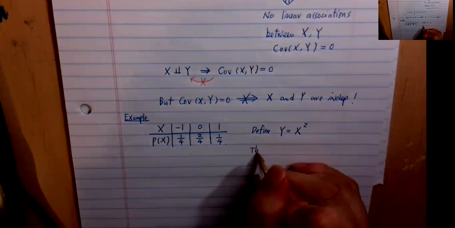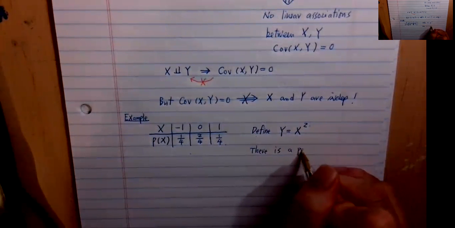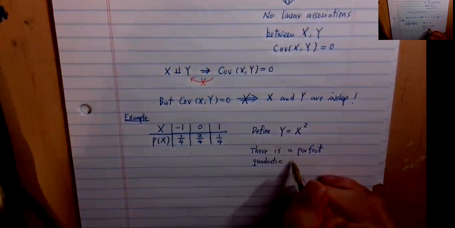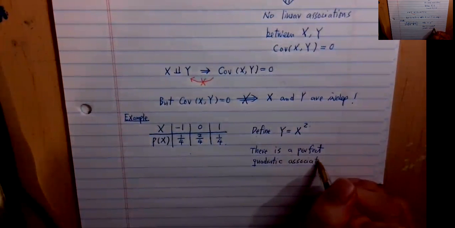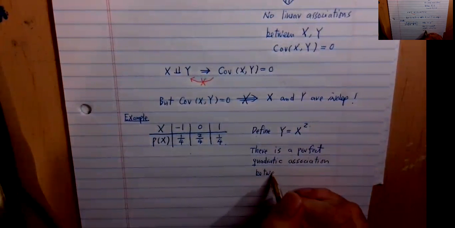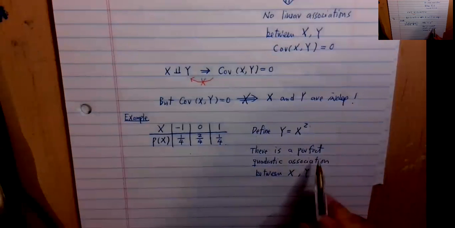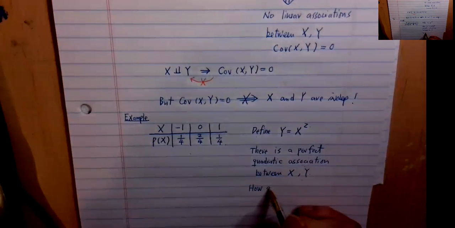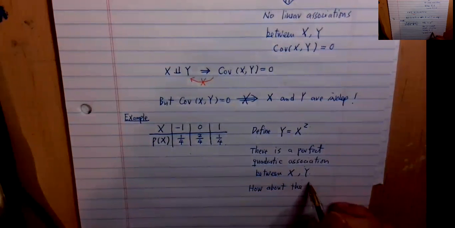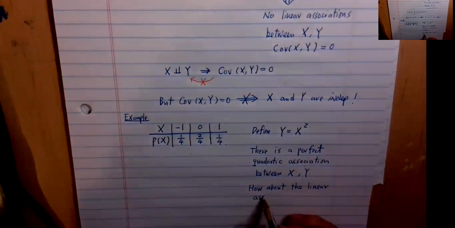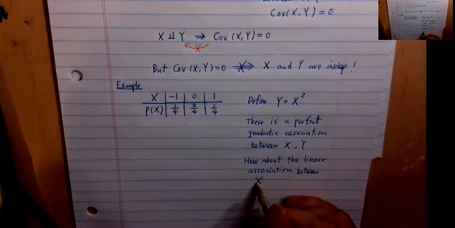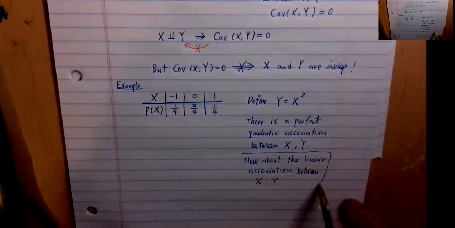Well, that means there is a perfect quadratic association between X and Y. Now, let's think about how about the linear association between X and Y. Okay, that's what we want to discuss next.